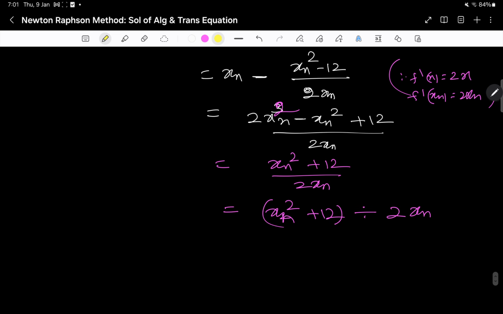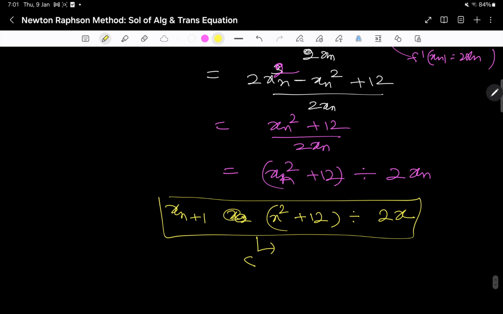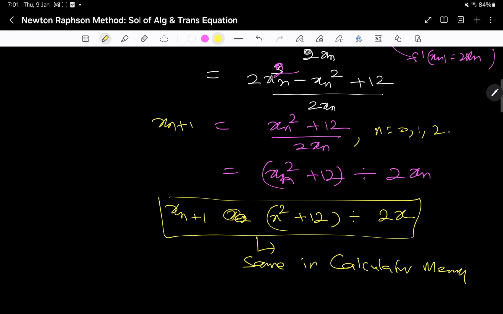I should save in the memory of my calculator, x square plus 12 divided by 2x. Just save this in the calculator memory, okay, and you go on improving by putting n equal to 0, 1, 2. If you substitute x0 here, you get x1. Then if you substitute x1, you get x2, and subsequently you go on improving.